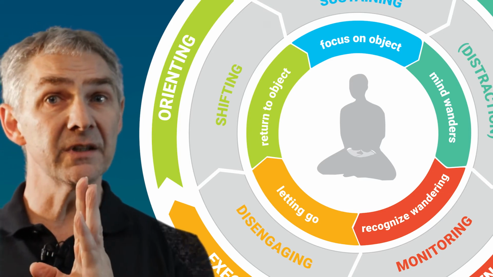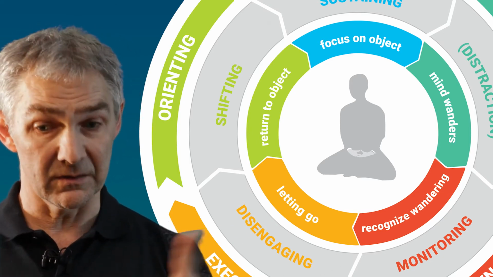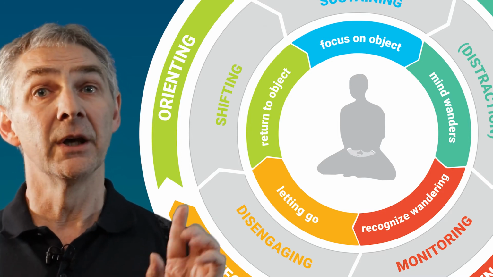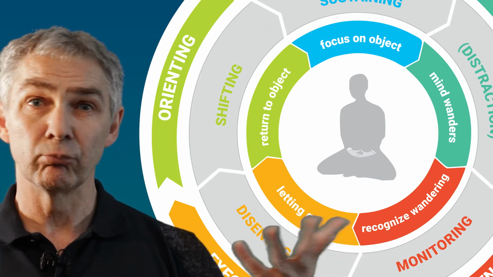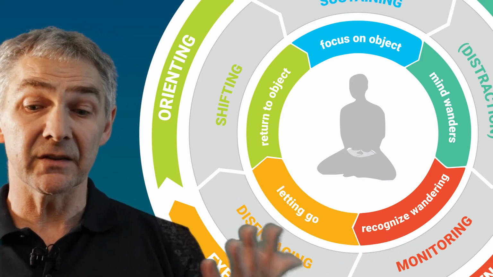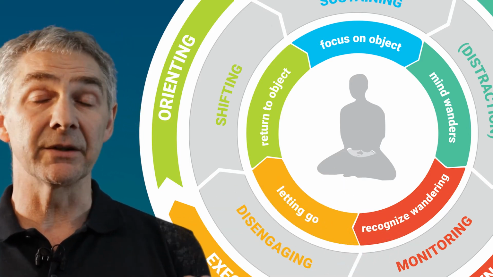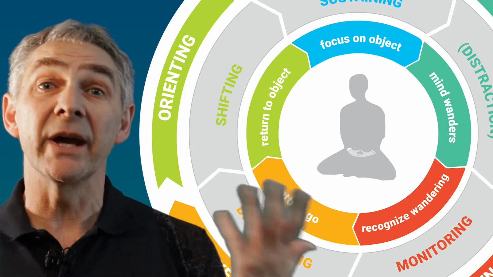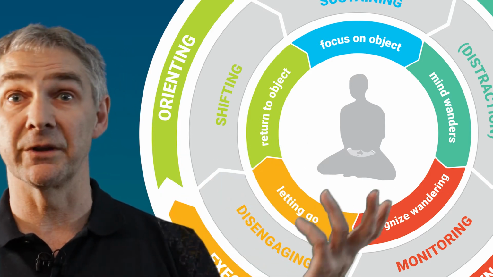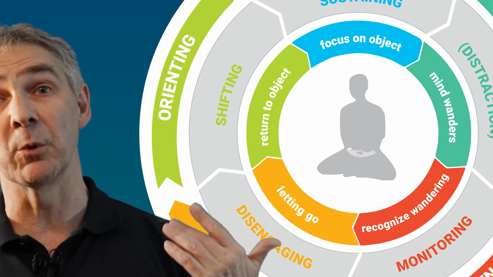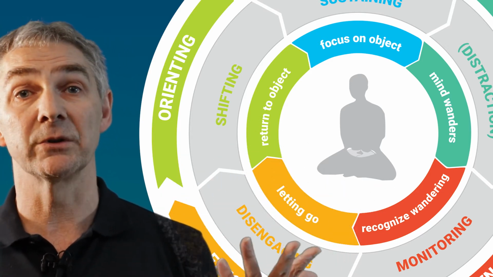So if we do this, then we will recognize, and this is the second, the green point, that our mind tends to wander off. Yeah? And then the next thing, the red part, is that we recognize that our mind has wandered off. So our mind wanders off, and sooner or later we become aware that the mind has wandered off.